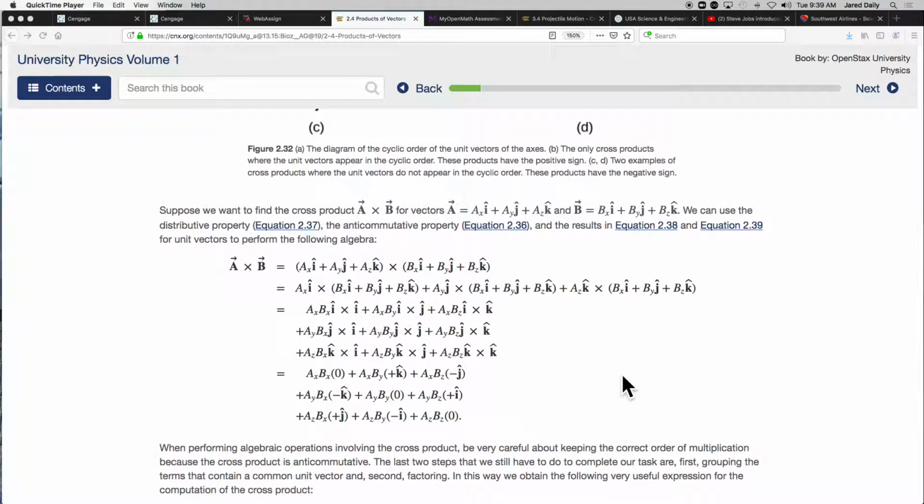Now, here is the doozy. Let's do the cross product all out in all detail. We did something just like this for the dot product, except with the dot product all the dot products became scalars, so we didn't end up with vectors. And we had a bunch of zeros just like we're going to have here.